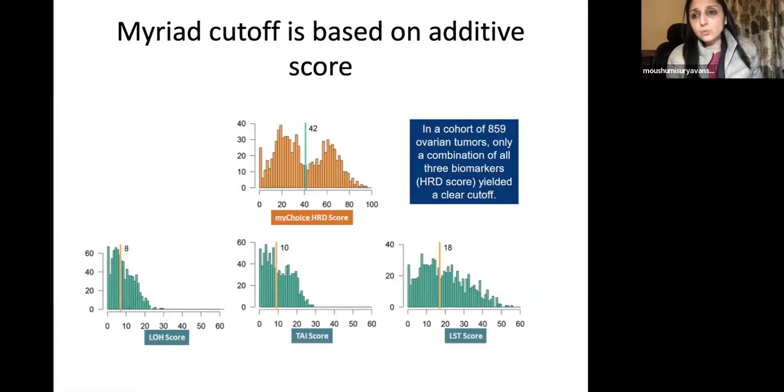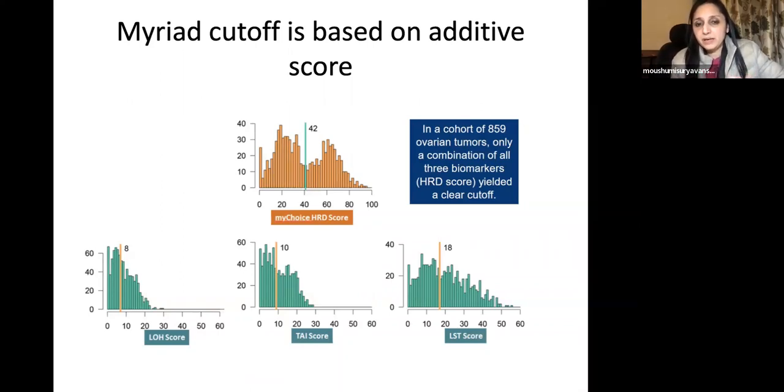So how this score was derived, I'm not going into the statistical details, but just for basic understanding for people like me, who are molecular pathologists and not bioinformaticians or statisticians. It was in a cohort of 859 ovarian tumors, and it was seen that none of the scores alone, that is the LOH, TAI, or LST, could predict a clear cutoff.